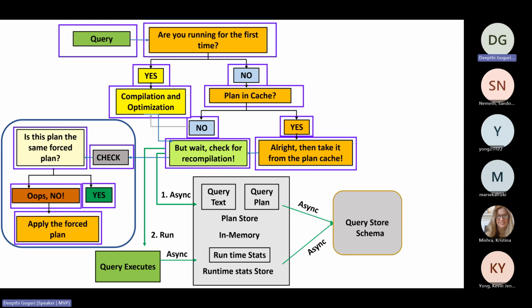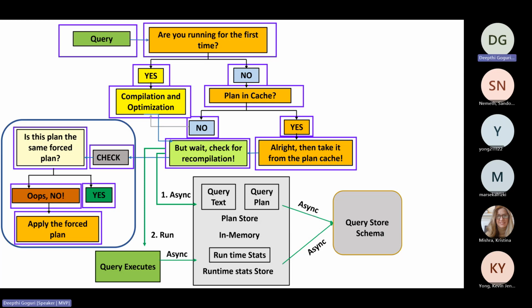But before going into the execution phase, even before execution, the query text and the query plan will be saved inside the memory. Whenever you enable the query store on the database, there are certain stores that will be enabled in memory, especially for the query store.